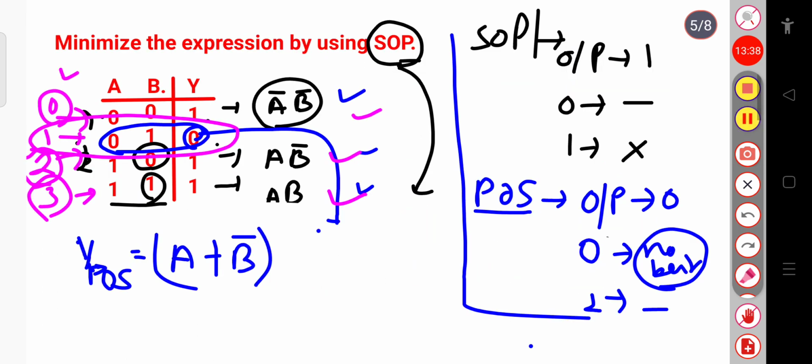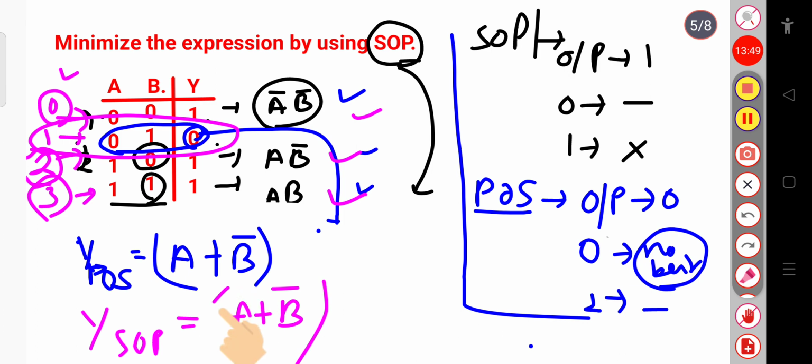Here also you can see that in the previous step we calculated Y for SOP, which is equal to A plus B bar, and in case of POS we have also calculated the same result, A plus B bar.